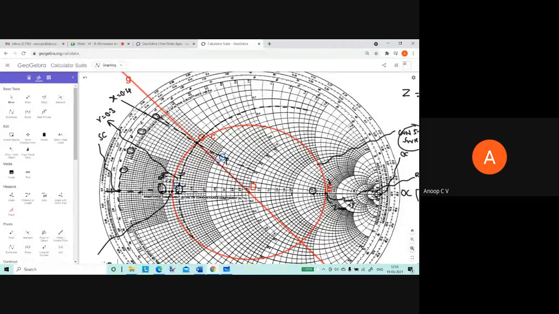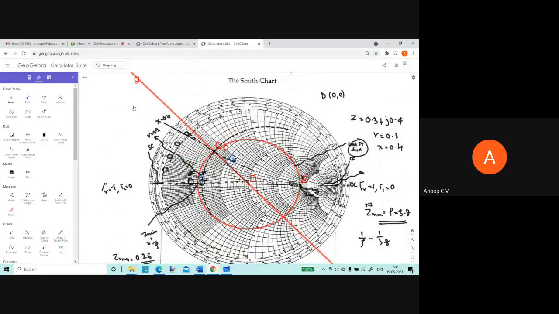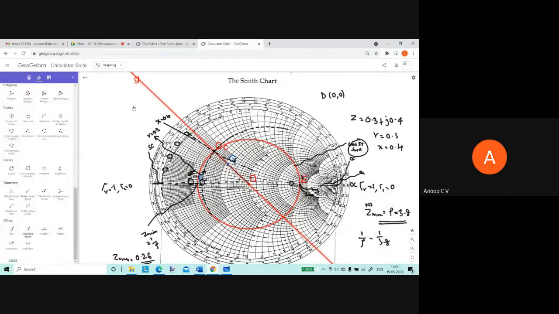I'll write it here, at this point. This is D1 or DL equal to 0.062 lambda. Which means this point is D1 as 0.062 lambda.